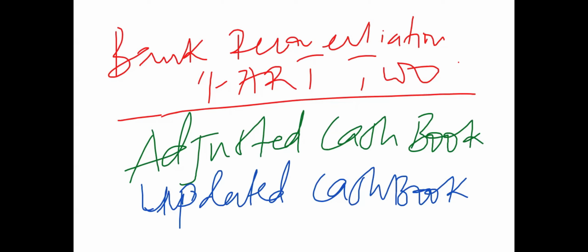So this adjusted cash book is going to help us to adjust those factors that caused the difference between the two balances, which were from the side of the cash book. So the adjusted cash book is mainly looking at those factors that caused a mismatch in the balances of the cash book and the bank statement.